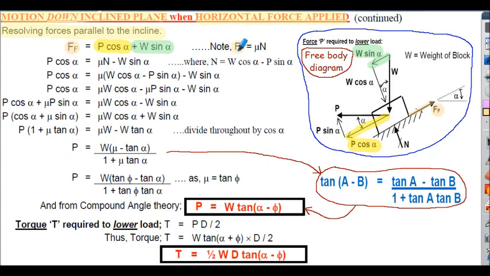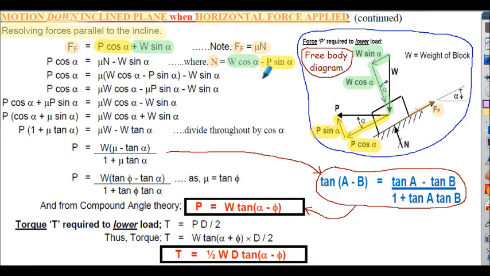Friction force formula as before is mu N, but this time N is equal to W cos alpha, and here on our free-body diagram, notice that's down towards the inclined plane, minus P sine alpha. So a change of sign here because P sine alpha is shown in this direction, opposite to W cos alpha.